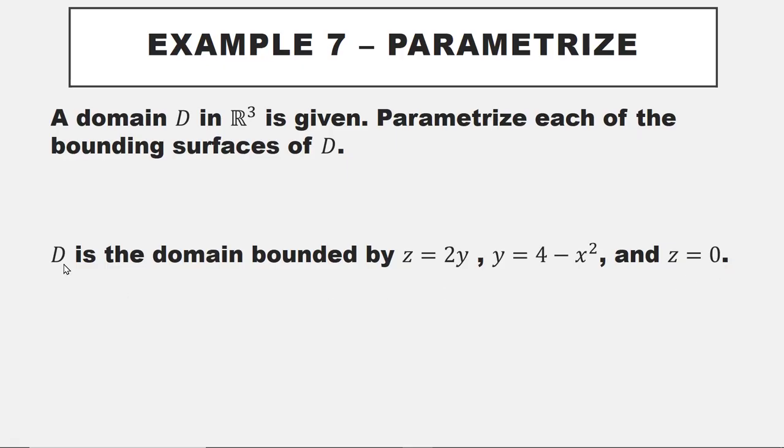Now, this is going to be an object which has multiple surfaces that create it, and we're asked to parameterize each of those bounding surfaces. So let's take a look at a picture to visualize what's going on, and then I'll find a parameterization for each of the bounding surfaces.